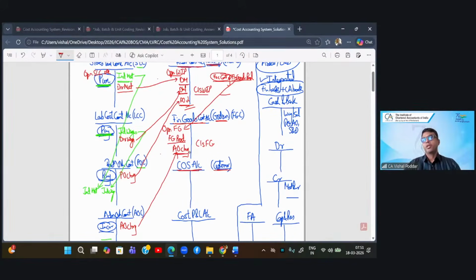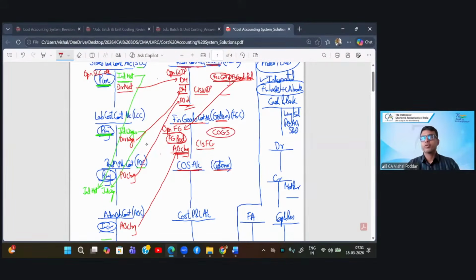Administration overheads you charge here. Now, students, interestingly, this is your factory cost, which has come from here. In that, you have added administration overheads. So what does it become? It becomes cost of production in the language of cost sheet. To that, you add opening finished goods, you subtract closing finished goods. What does this become? This becomes cost of goods sold.